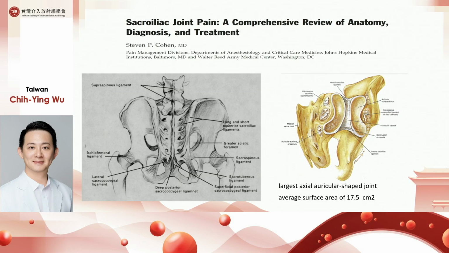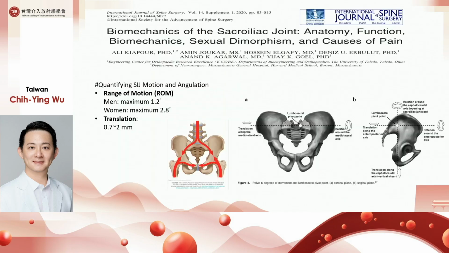The SI joint is one of the largest joints in the human body. It's complex, including not only the joint capsule itself but also the surrounding ligaments and muscles. The SI joint carries the upper body weight and transfers the load to the bilateral legs.